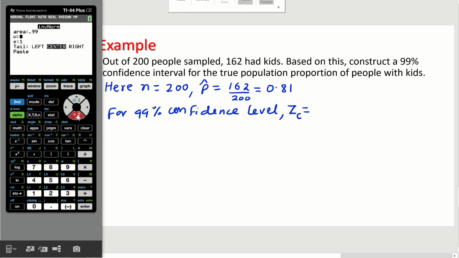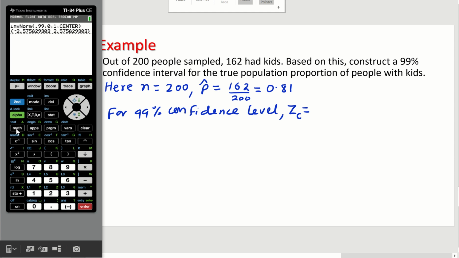Mean 0, standard deviation 1 for standard normal distribution. Obviously this area will be in the middle, so center, and then paste this and hit enter and write the positive value. Because you are getting two values here, that is the value on the left end of the area and value on the right end of the area.